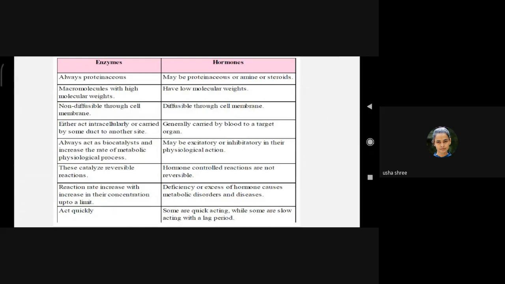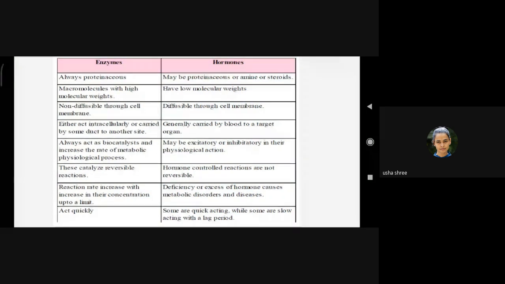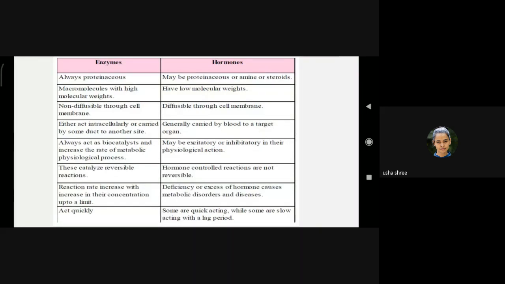But deficiency or excess of hormone causes metabolic disorders and diseases. When hormones get imbalanced, if deficient or in excess, then it causes metabolic disorders.